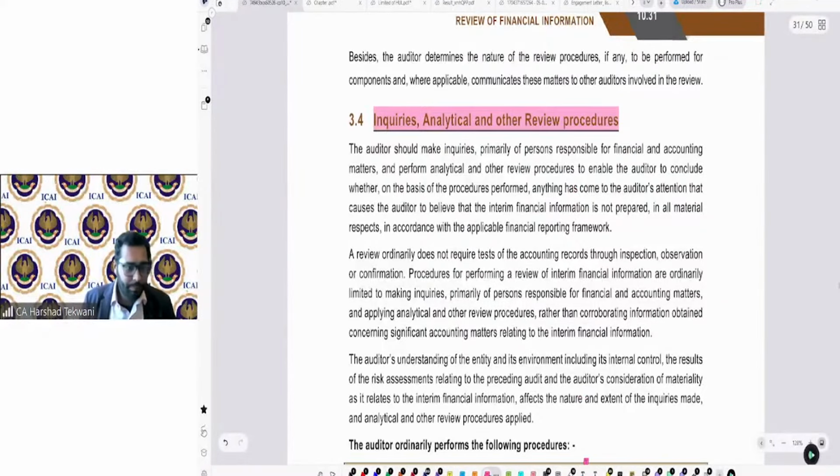Generally, which may include procedures like inquiry with the persons responsible for financial and accounting matters, applying analytical procedures, understanding the entity, on the similar lines that we have seen in SRE 2400.